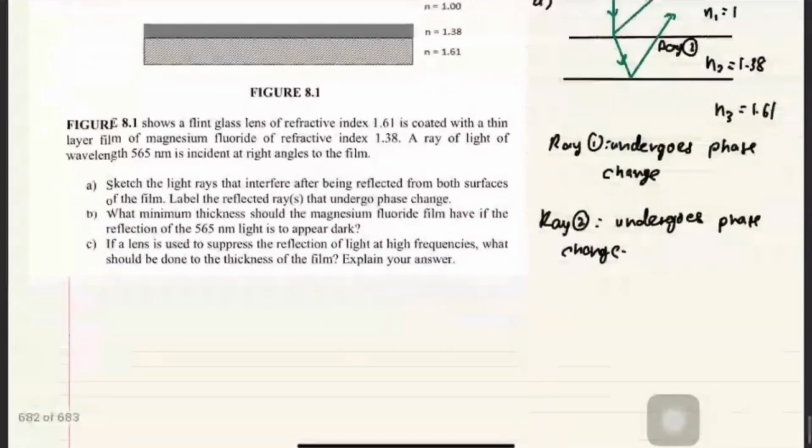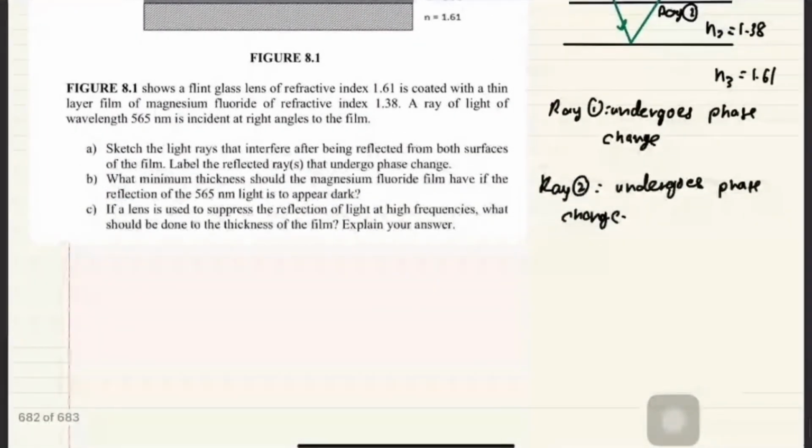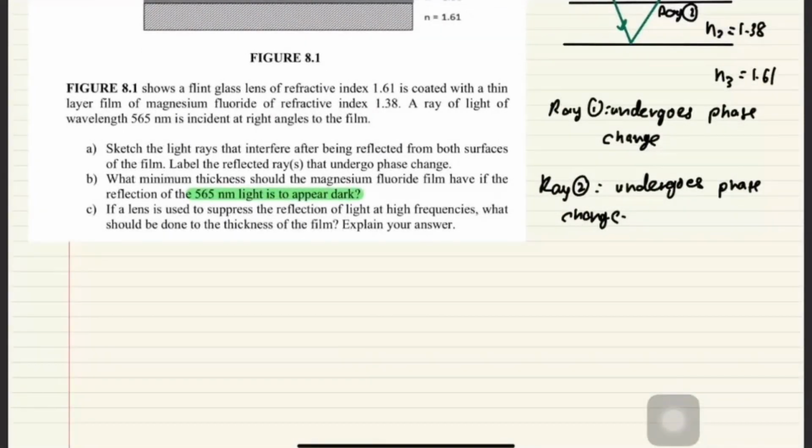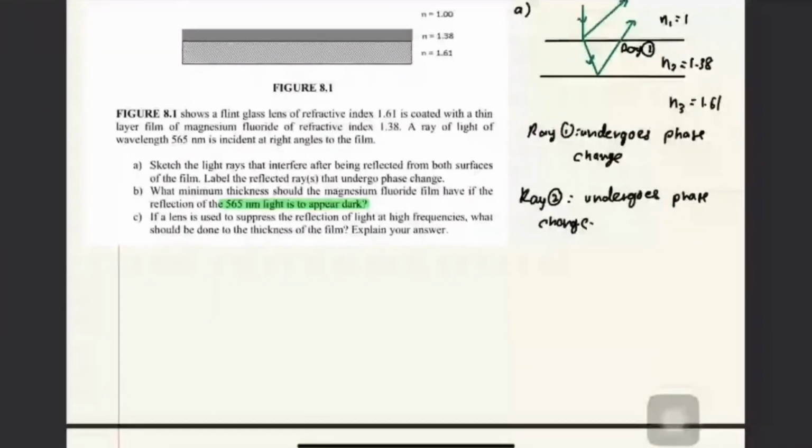Okay, question B dia kata what minimum thickness should magnesium fluoride film have if the reflection of the 565 nanometer light is to appear dark. Okay, ini adalah in phase. So kalau in phase, konstruktif, dan anti-phase, destruktif, 2nt equals to m plus half lambda.